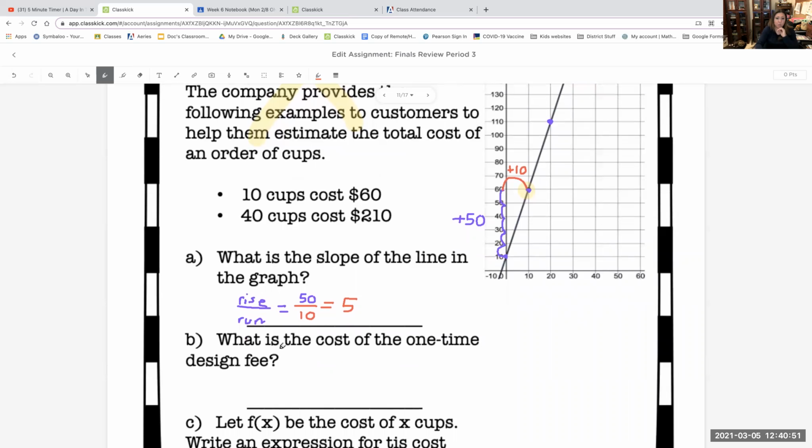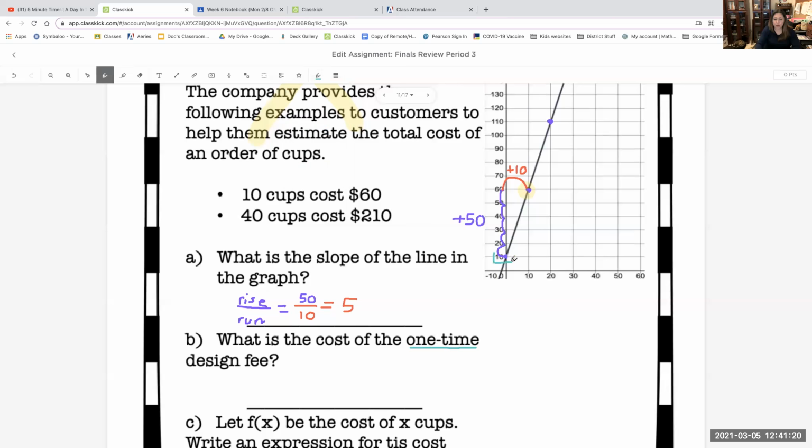So let's look at part B. What is the cost of the one-time design fee? Because we don't start at 0. As soon as I decide to order something from them, I have to pay one fee one time. So I can find out what that one-time fee is. So what's the one-time fee?